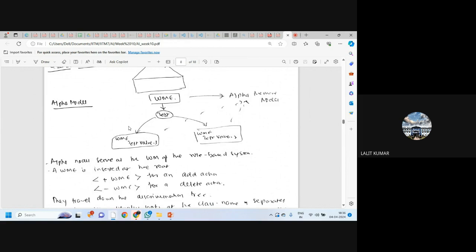I will demonstrate that with examples. So the WME is inserted at the root and is tagged either plus WME or minus WME. For example, if some rule has been fired and we are deleting some WME, it will go and remove that WME which was sitting on that alpha node.